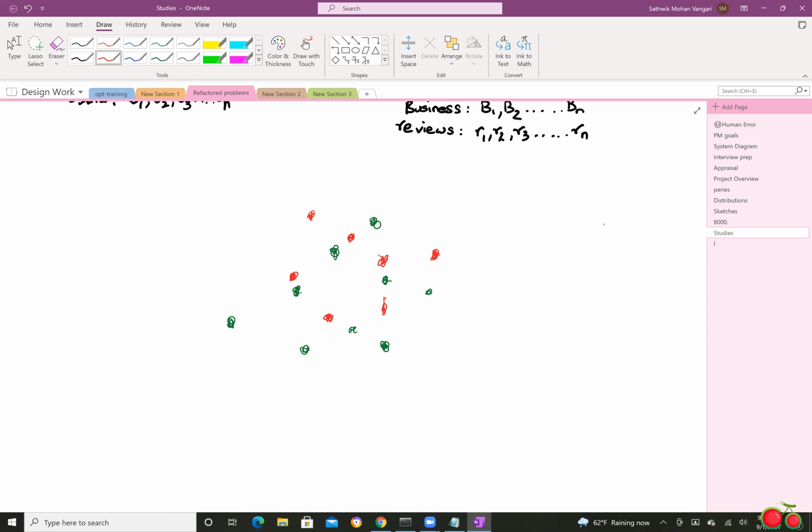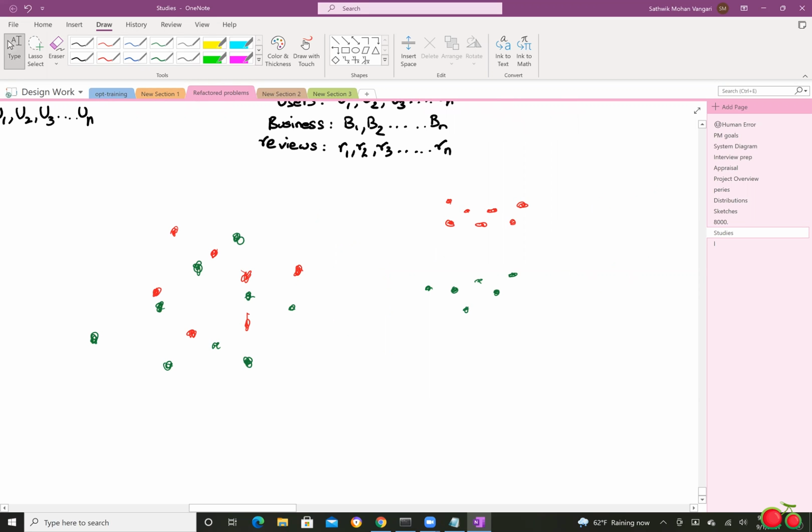So what happens is I end up getting these data points like this. Let me move this a little bit. Okay, now this is in two-dimensional space.